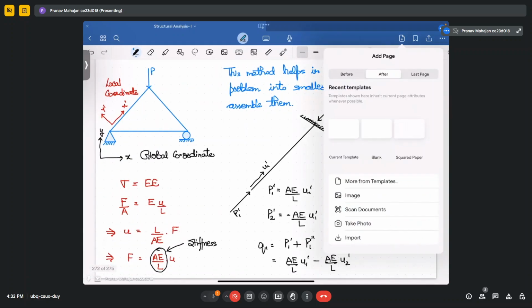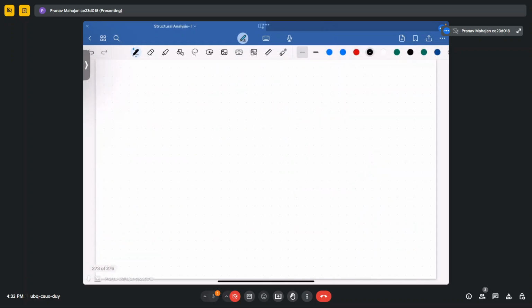Similarly, your q2, that is the force in the other joint of the member, will be equal to ae upon l into u2 dash minus ae upon l into u1 dash.